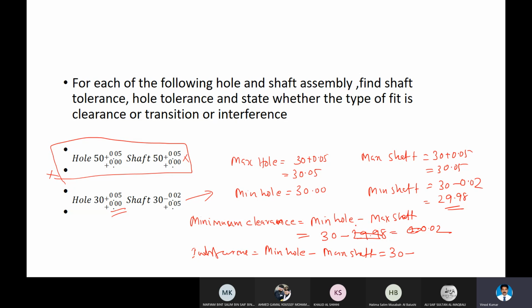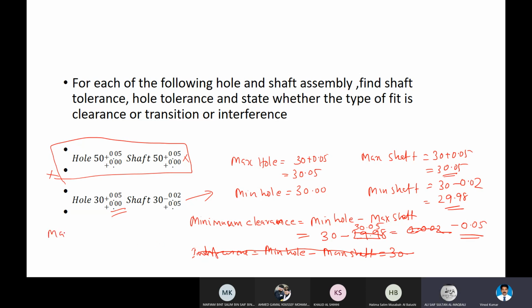We have to substitute here: 30.05, right? So you get minus 0.05. The sign is important. Minus 0.05, right? Yes, doctor.